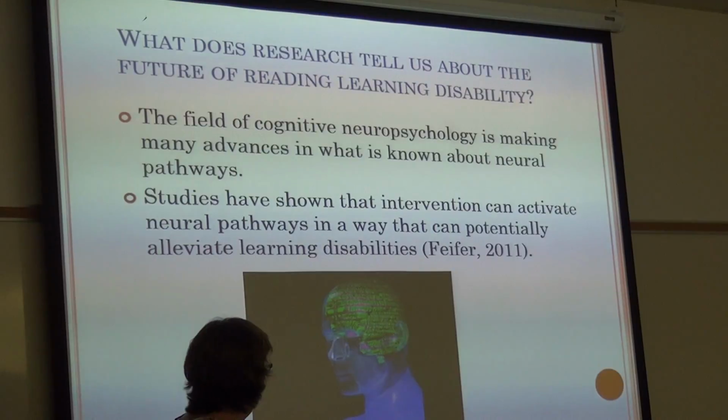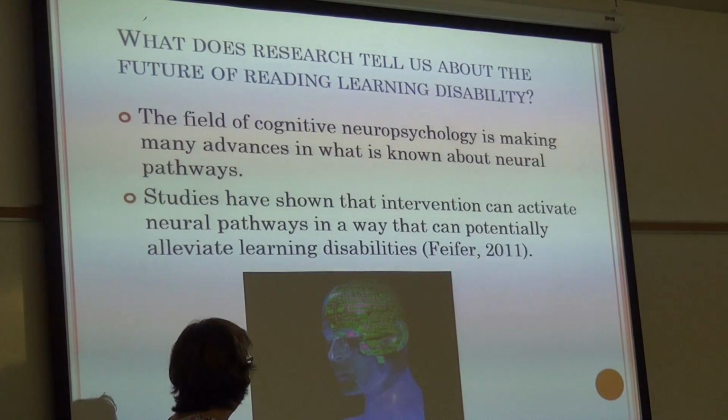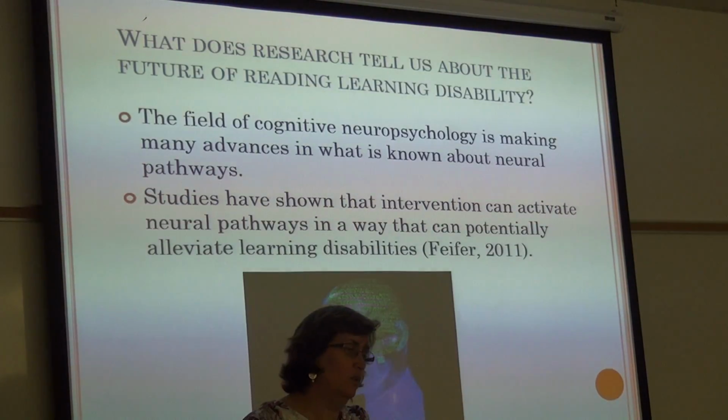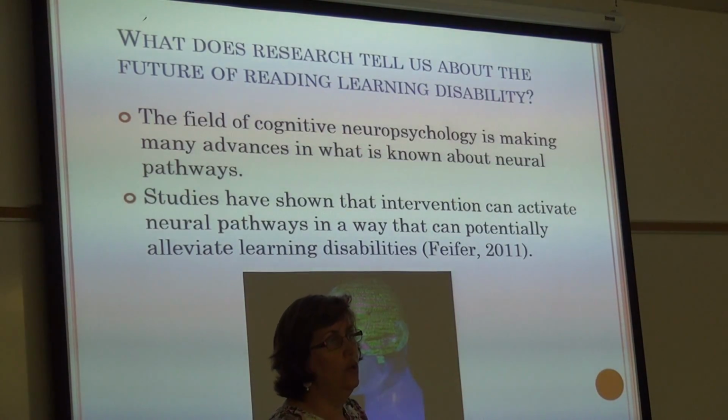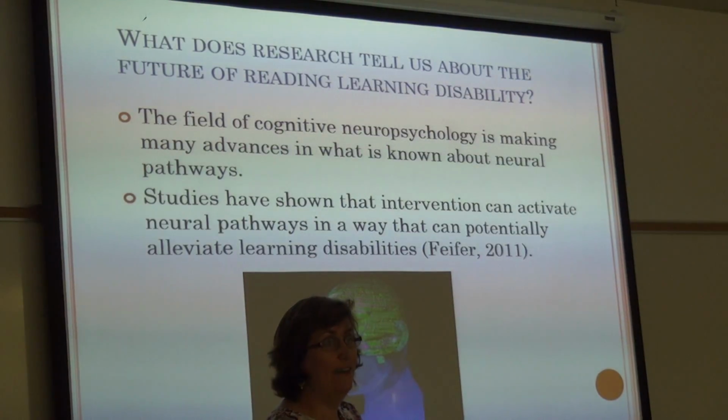I thought that was a neat image, and you can see how that's all working. So that's the new way forward for research in cognitive neuropsychology. And I think one generation from now, even half a generation from now, we'll know a lot more.